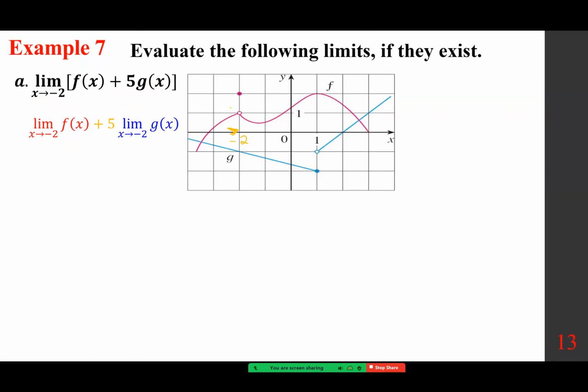When we go from the left side of that, by the way, the f function is the red one, the red graph. And from the right side, we are here. And in both cases, we are moving towards this hole. Okay, and it has the y coordinate +1.